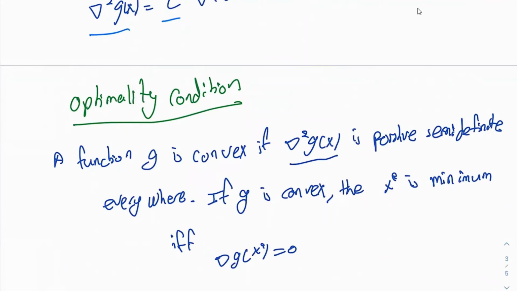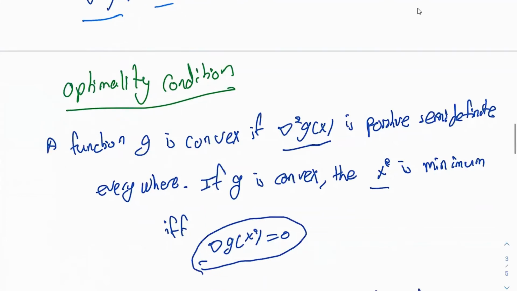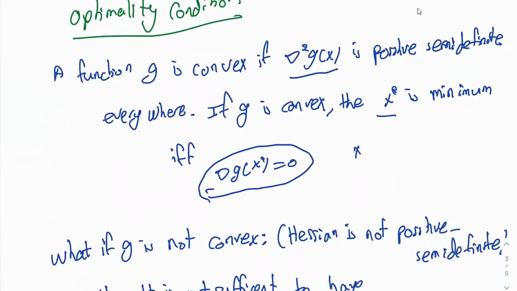So why is it important to study convex functions? If g is a convex function, then x star is a minimum if and only if the gradient of g at x star is equal to 0, right? So if and only if means that if x star is a minimum, the gradient of g of x star is 0.